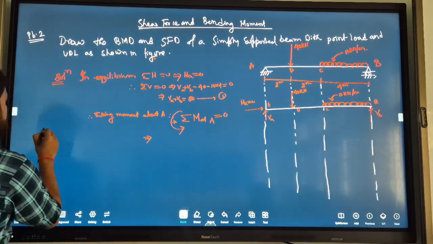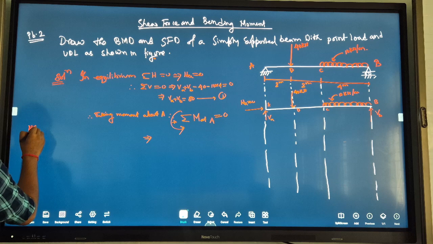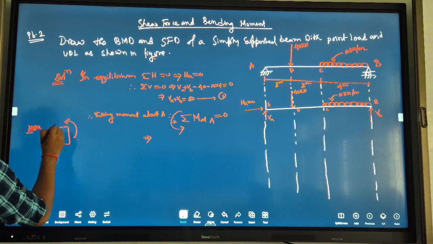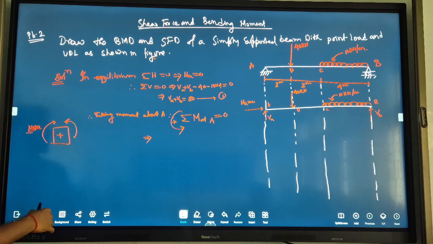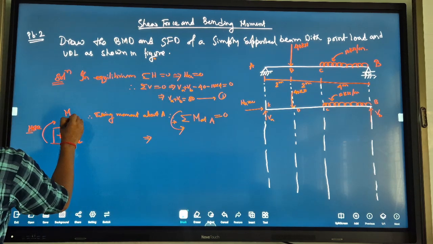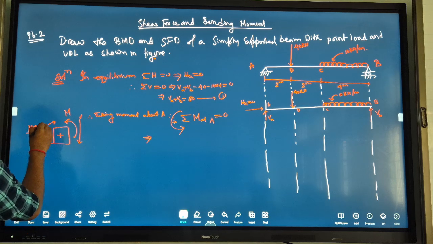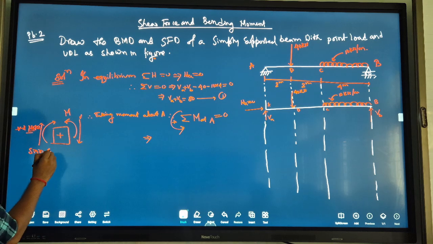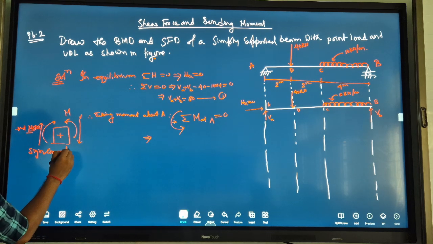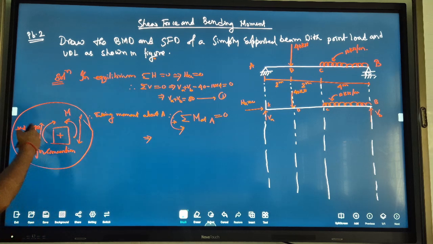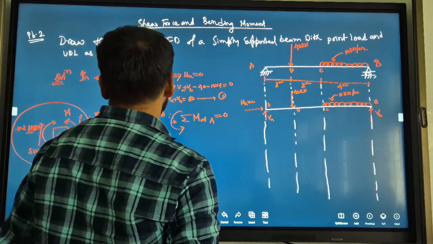So before that, let's know the sign convention. Plus sign positive, minus negative. This is the sign convention of shear force and moment.